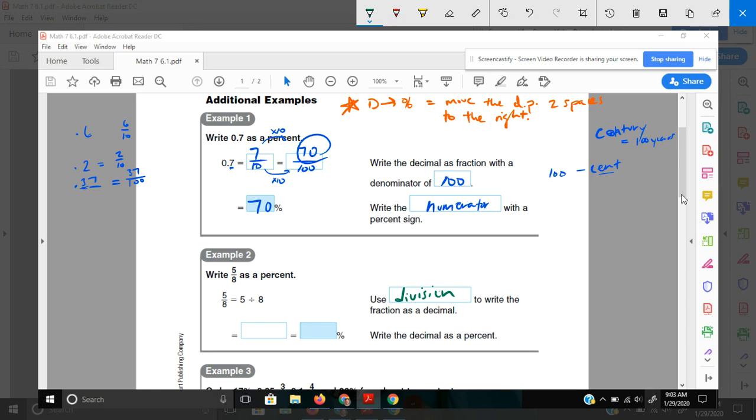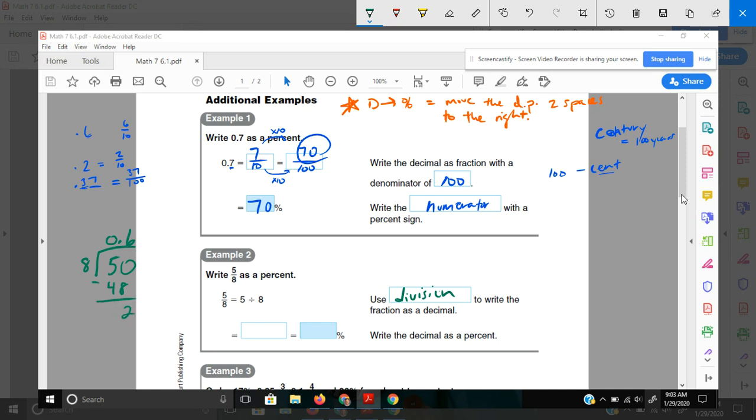Okay, 5 divided by 8 is, well, let's do a little math here. Remember, the first number, the top number, the numerator, goes inside the long division. 8 doesn't go into 5, so we have to bring up a decimal. It goes into 5 0 times, and then add a 0. 8 goes into 50 6 times. 6 times 8 is 48.